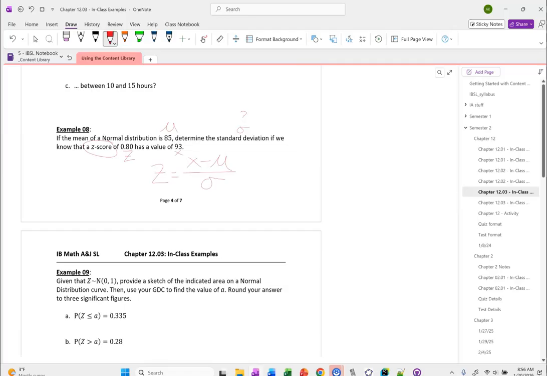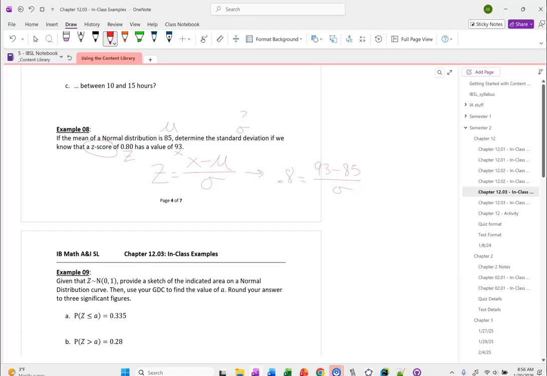I have 3 numbers and a missing. That should do it, right? So we can just write the equation 0.8 equals 93 minus 85 over sigma. And then you just multiply both sides by sigma and divide by 0.8 and should be done, right?